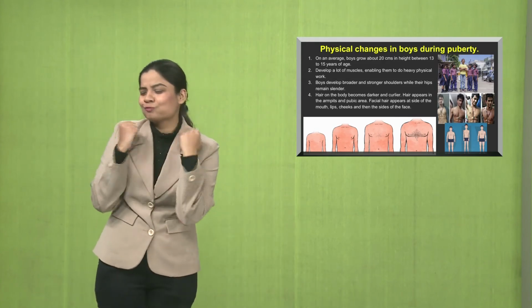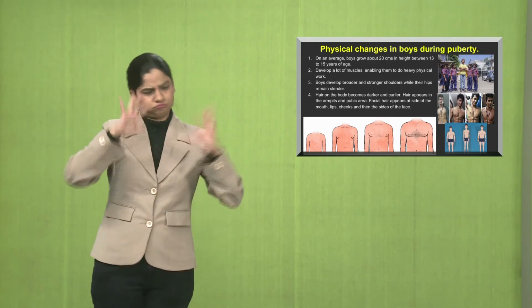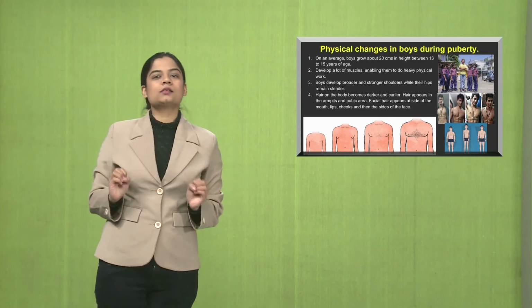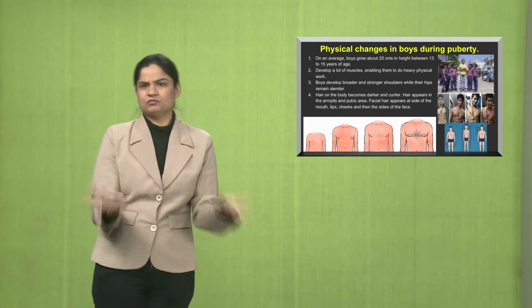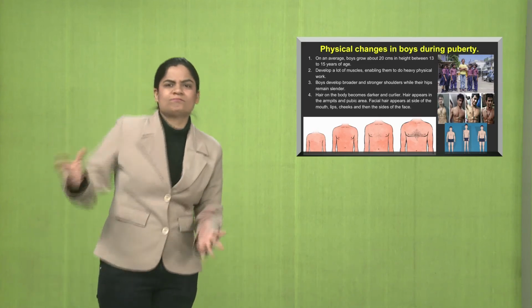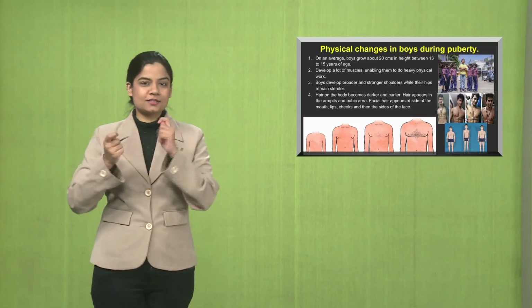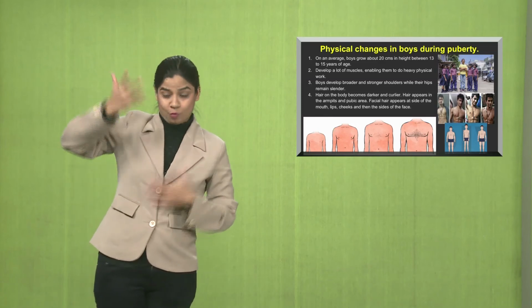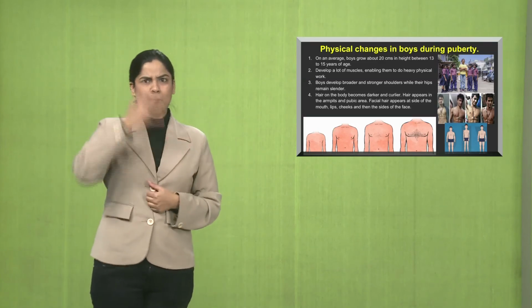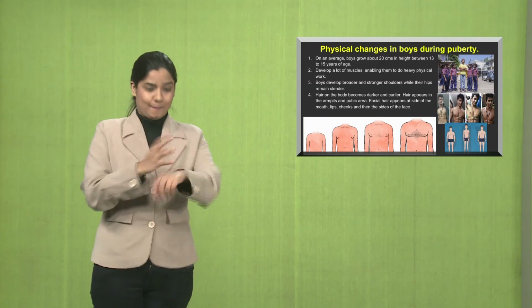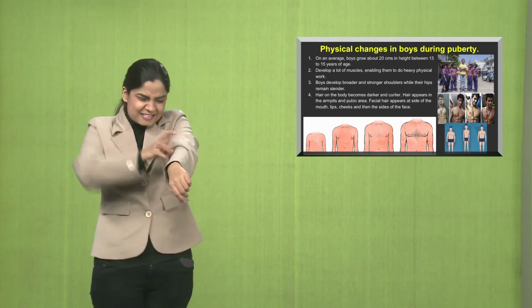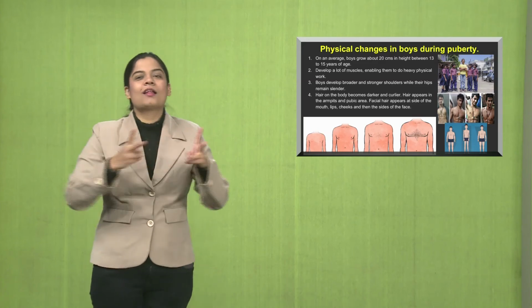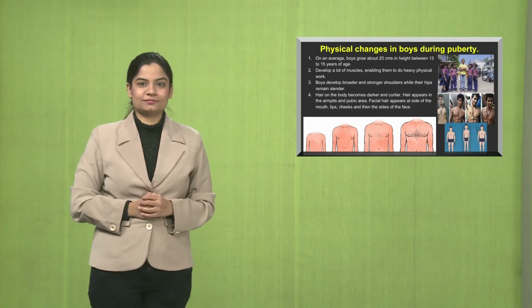Earlier, when they were kids, they couldn't do a lot of physical work, but once they start hitting puberty, they are able to do physical work and lift heavy objects as well. They develop strength, and they develop chest hair, curly black hair. That also happens on the face, armpits, etc.